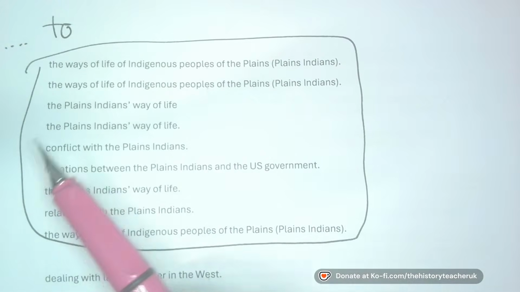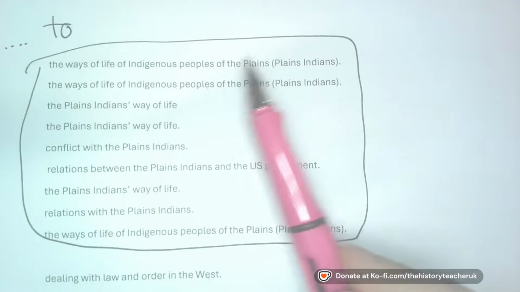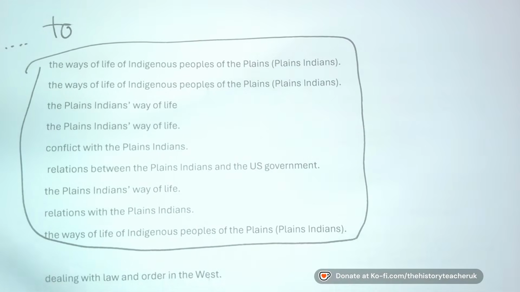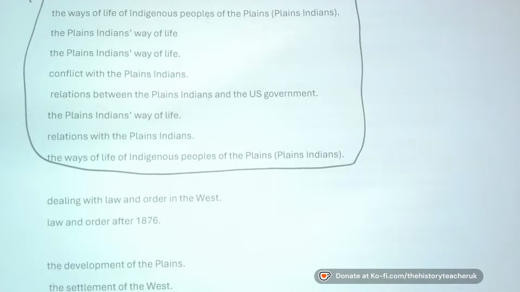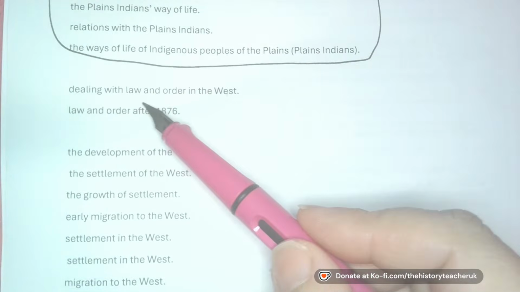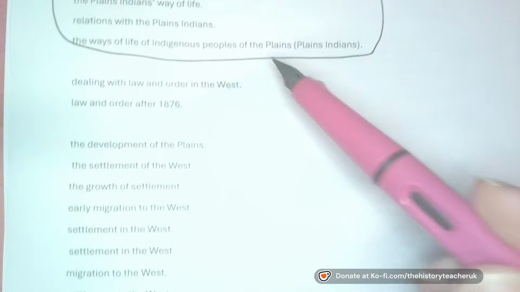Rather than looking at each individual event, look at the way the Plains Indians' way of life is affected, and then look at how each event affects that way of life. So that's a really good way to revise this question. So the other three key themes that keep coming up are dealing with law and order in the West. That's only come up twice, but that's not to say that it won't come up.